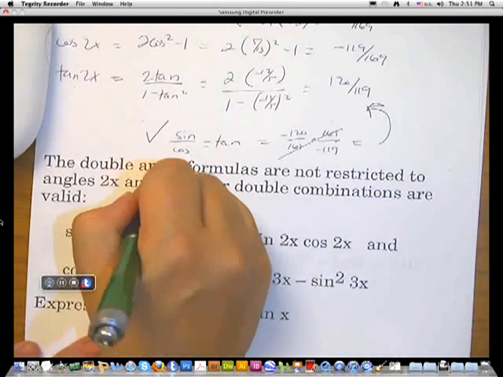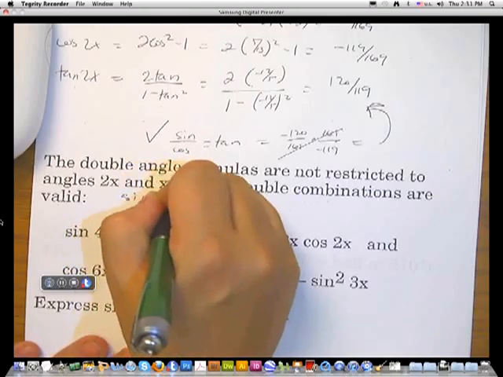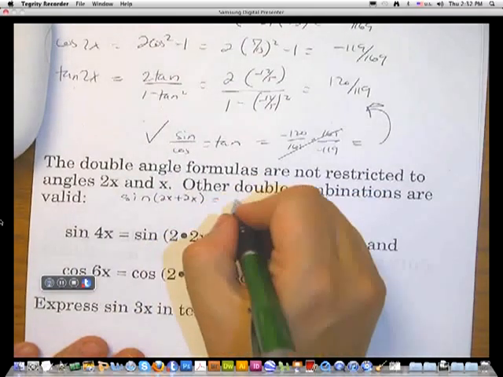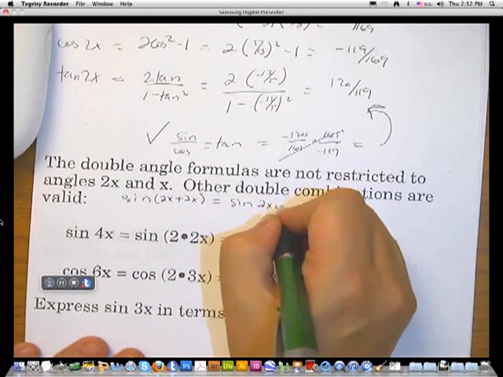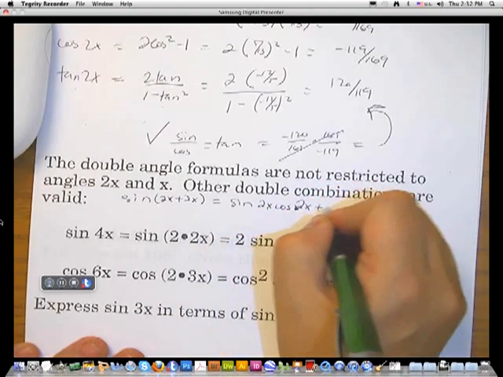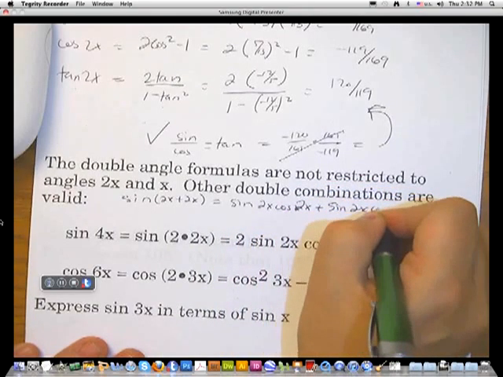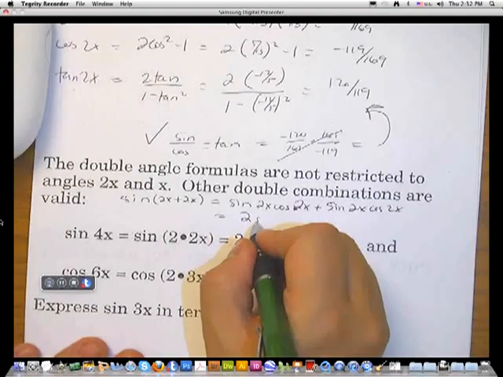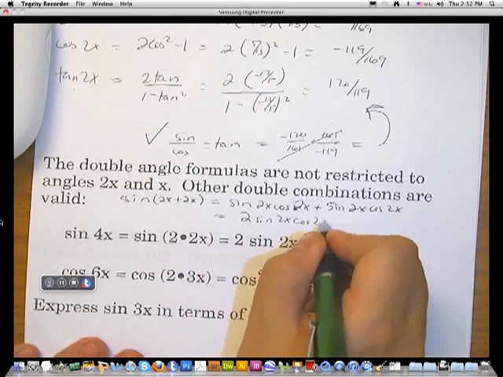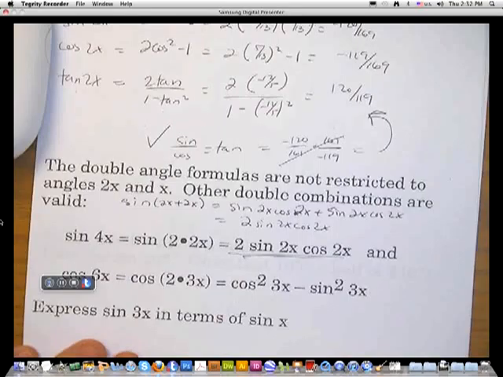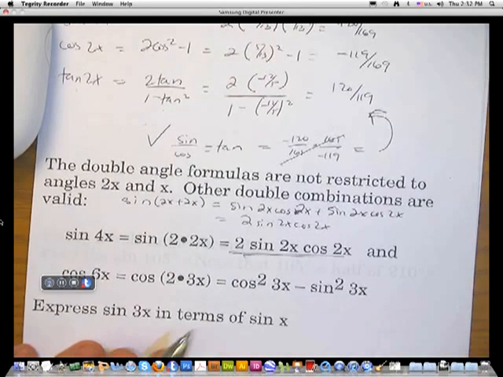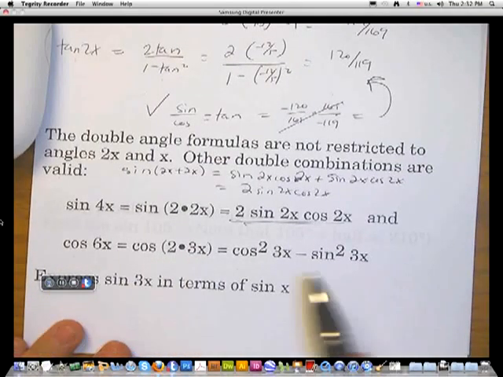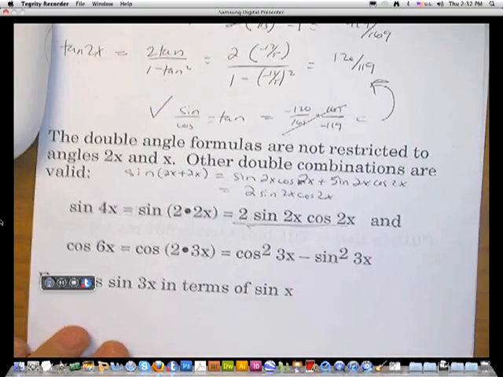If I have sine of 2x plus 2x, and that's what 4x is, I could do sine 2x cosine 2x plus sine 2x cosine 2x, which is the same as 2 sine 2x cosine 2x. It's the same, but that's the proof for it. And if I have cosine 6x, that's the same as saying 2 times 3x, which is cosine squared 3x minus sine squared 3x.